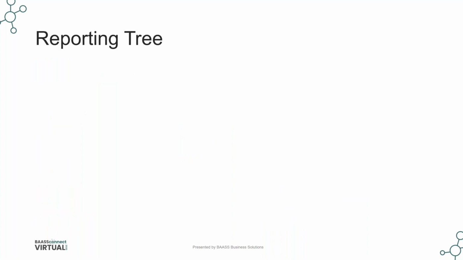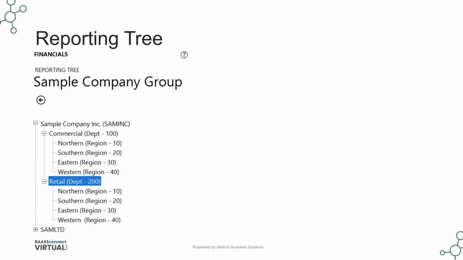Okay. Reporting tree. Clients often, well, this is more true, I believe, for not-for-profit clients, right? I mean, for-profit clients, it's the same. If you have multiple departments, if you have multiple cost centers, divisions, regions, locations, basically multiple segments within your GL, right?